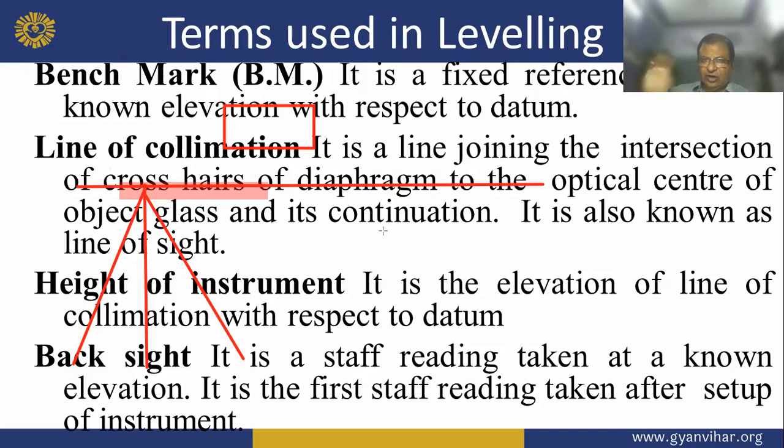It is the line joining the intersection of the crosshair of the diaphragm to the optical center of the object glass and its continuation. It is also known as line of sight. Clear?